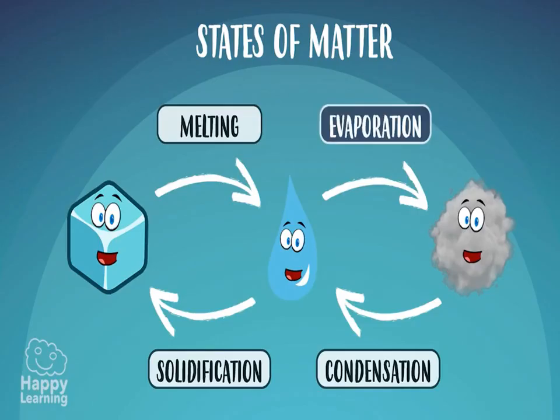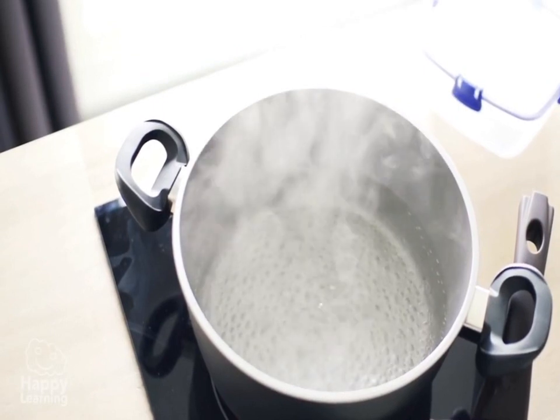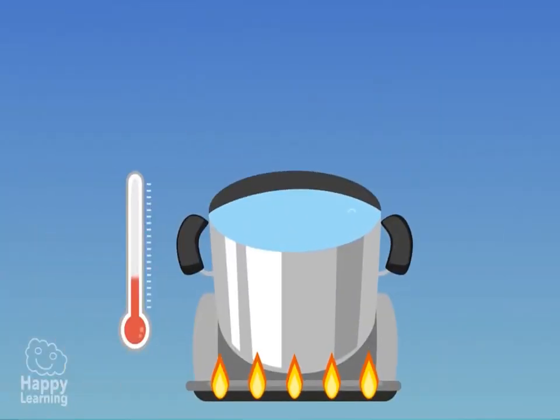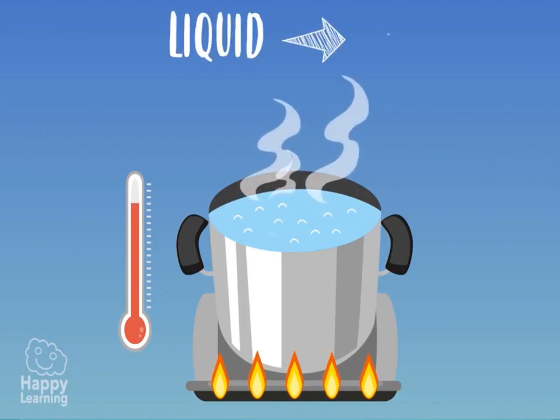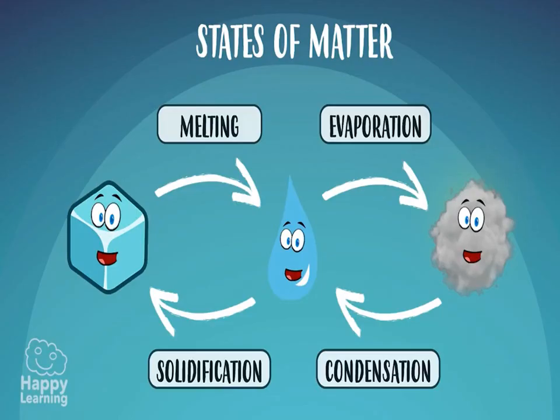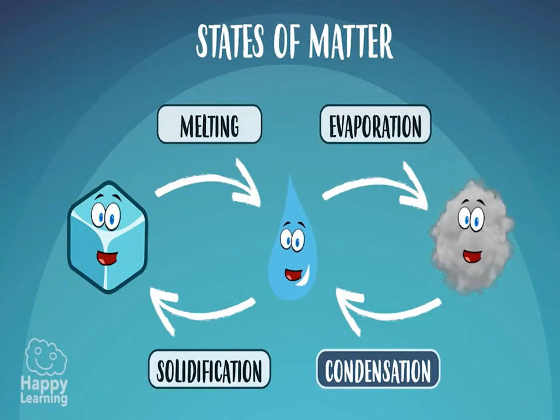Evaporation is when matter changes from liquid to gas. After liquids are heated, for example, when we boil water, it turns into water vapor. It turns from liquid to gas. Condensation is a step from gas to liquid and happens when matter in gas state is cooled.